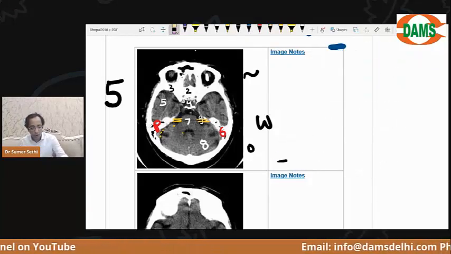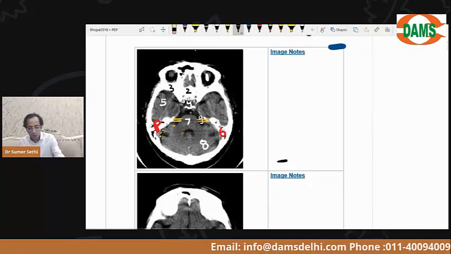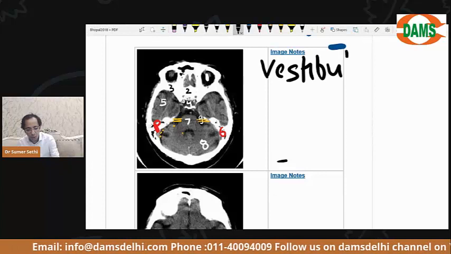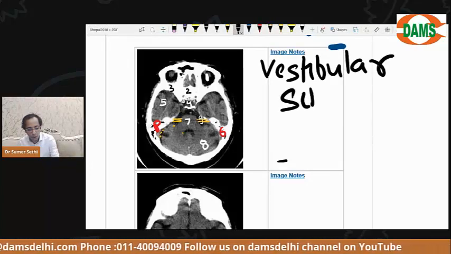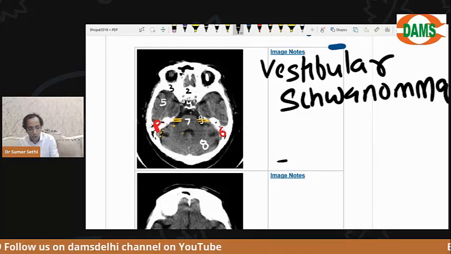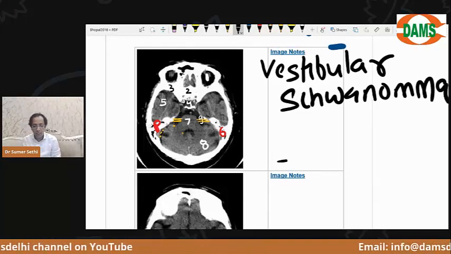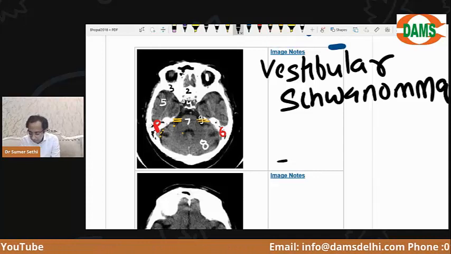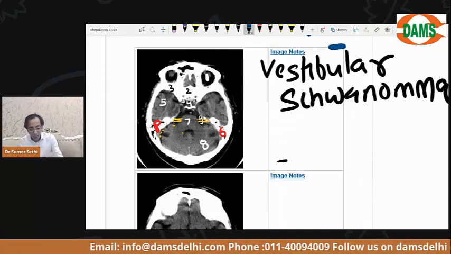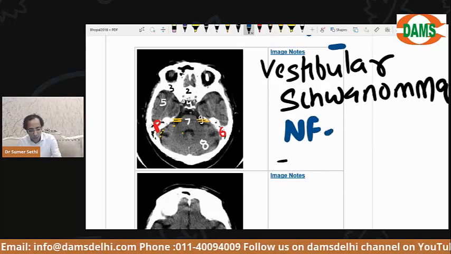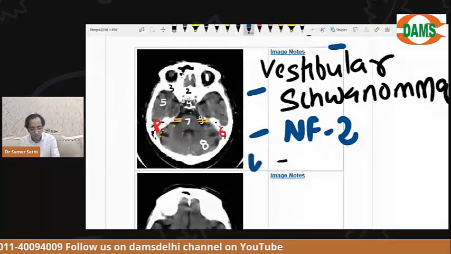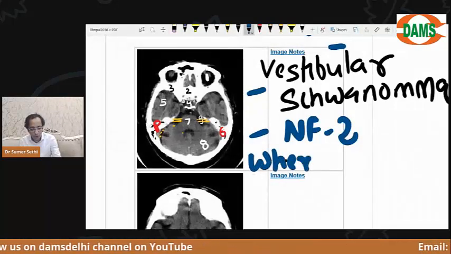My next question: everybody focus on it. Where will you look for a tumor called vestibular schwannoma in the CT scan? A patient has neurofibromatosis type 2, and you are thinking of vestibular schwannoma.